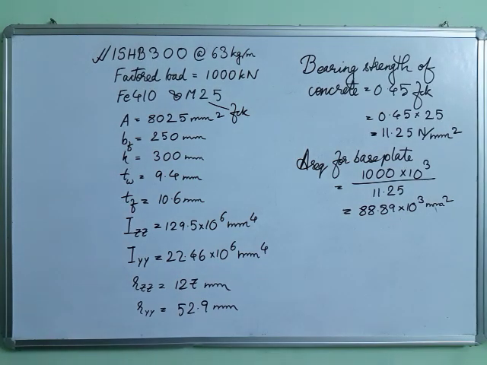It is 88.89 into 10 cube mm square. So now we have to first find out the dimensions of the base plate from this area. So how will we do it? First of all, let us draw the diagram.